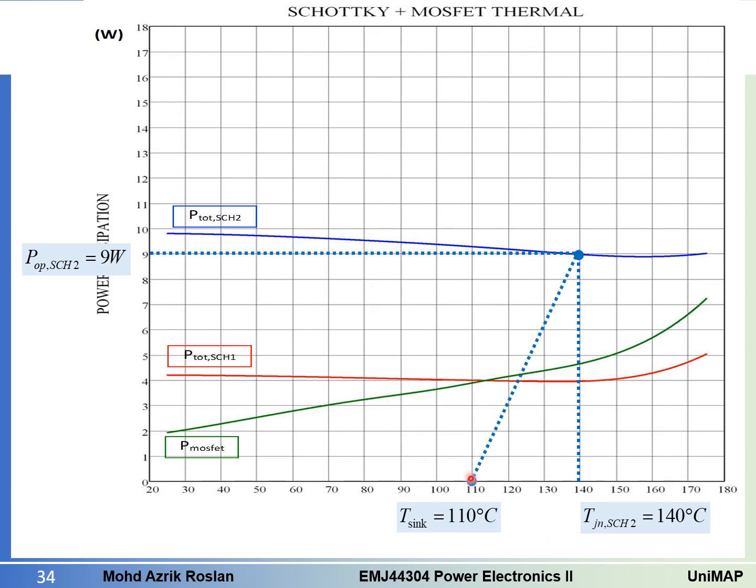So we can draw a straight line from here. This is the value of the thermal resistance from junction to sink.